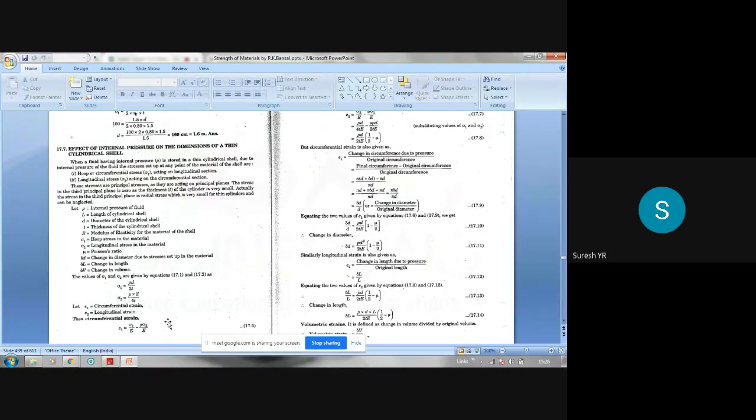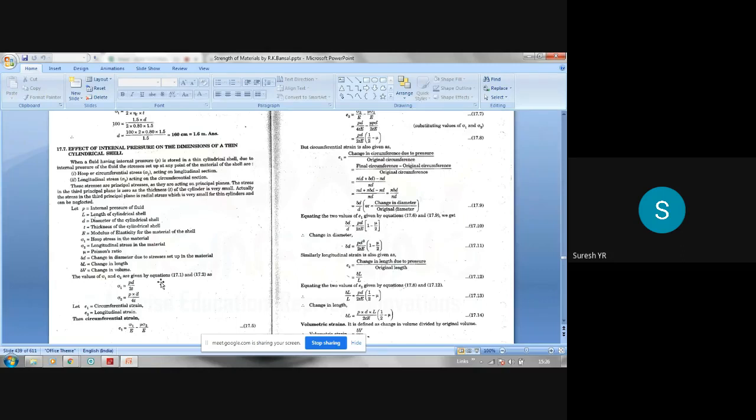using generalized Hooke's law. All of you know about generalized Hooke's law, which I have explained in the first chapter. If there are stresses acting in all 3 directions, sigma x, sigma y, sigma z, you can find out the strains in the 3 directions: epsilon x, epsilon y, epsilon z. So epsilon x was 1 by E into sigma x minus mu times sigma y plus sigma z.